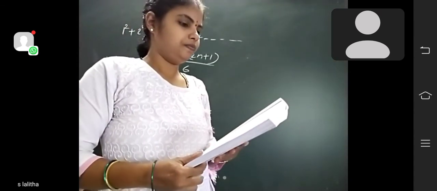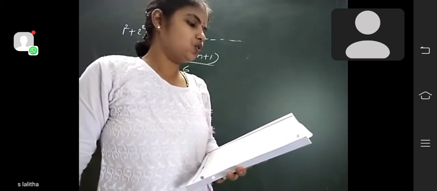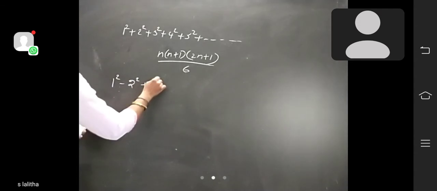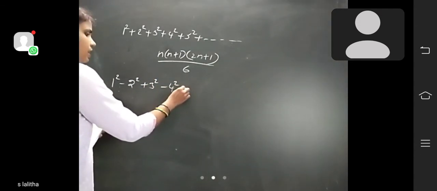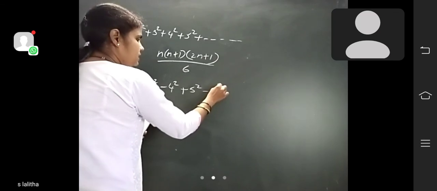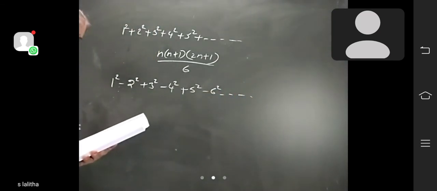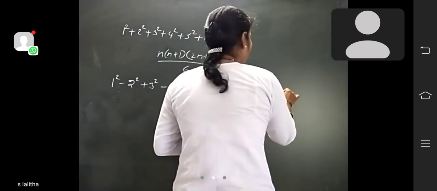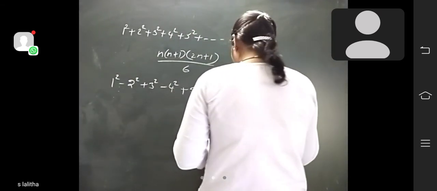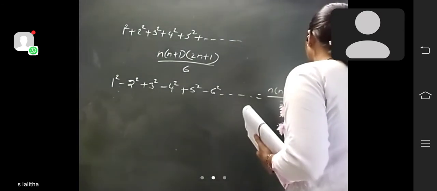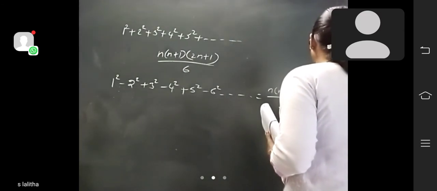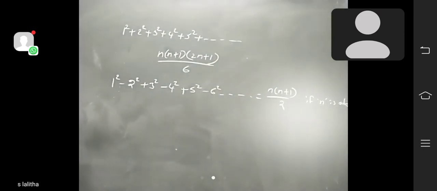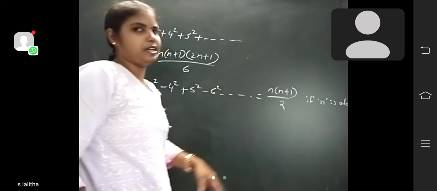Next, 1 square minus 2 square plus 3 square minus 4 square, next plus 5 square minus 6 square, and so on. What is the formula? n into n plus 1 by 2, if n is odd. If you take the n value as an odd number, then the formula is n into n plus 1 by 2.